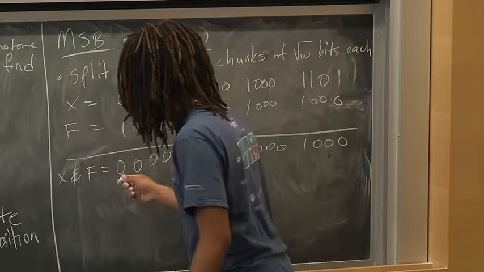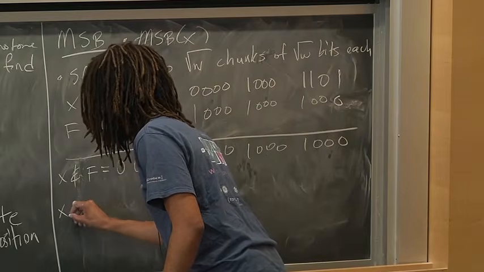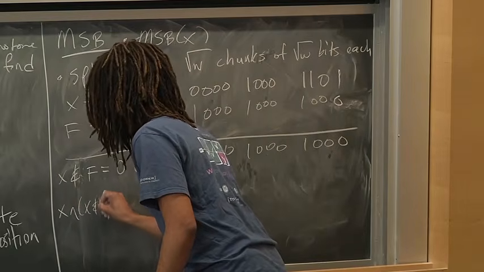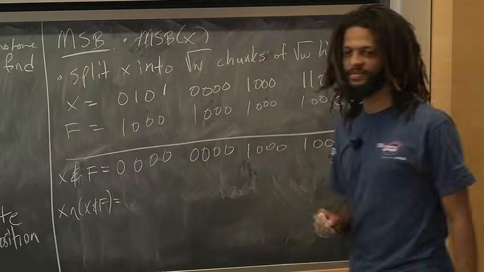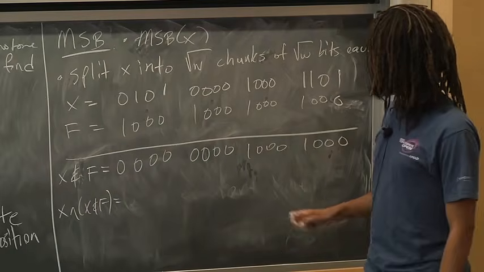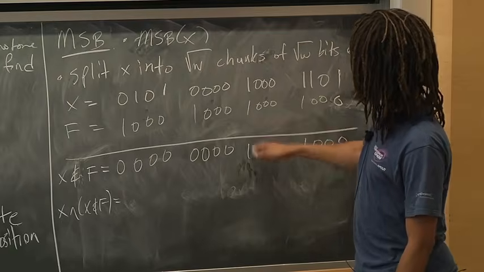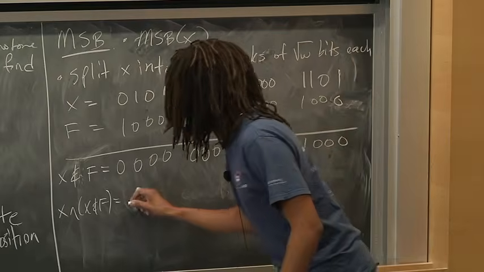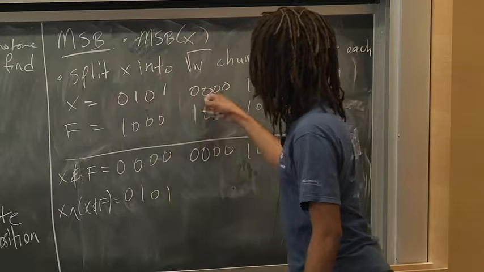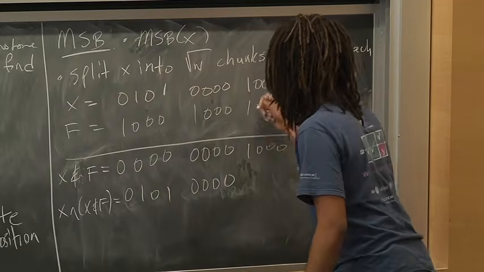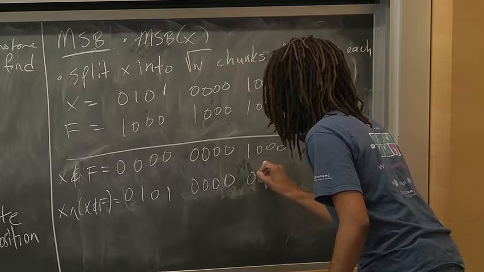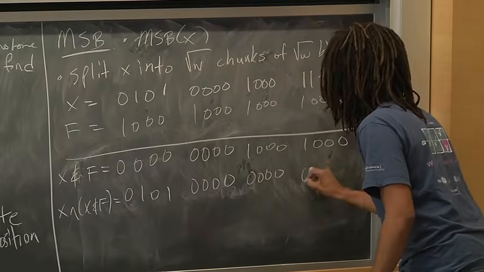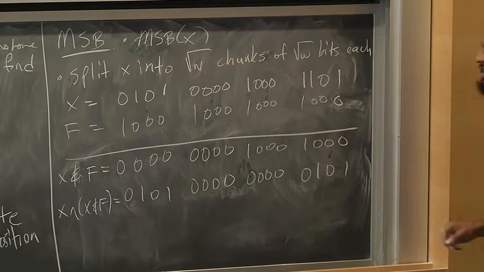So now I'm going to do x XOR x and f, which just clears all the leading 1 bits. So we'll have 0, 1, 0, 1, then 0, 0, 0, 0, then 0, 0, 0, 0, because we clear the leading 1s, and then we have 0, 1, 0, 1.